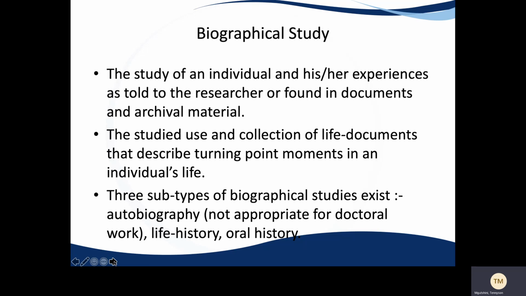That is one of the typologies that is not seen to be appropriate for doctoral study. And of course, the reasons behind this is because it's very difficult to verify, question, or clarify anything that has come from autobiographical work, because the only true assessor is the person who is writing it. So it is a difficult piece of work to assess or measure.